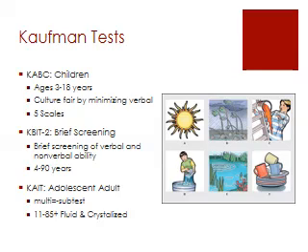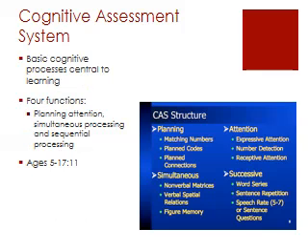This is considered a culture-fair test of cognitive ability because it minimizes the verbal, and there you can see there's pictures here. The Cognitive Assessment System assesses basic cognitive skills central to learning and measures Luria's 4 functions of planning, simultaneous, attention, and successive. This is appropriate for ages 5 through basically 18.